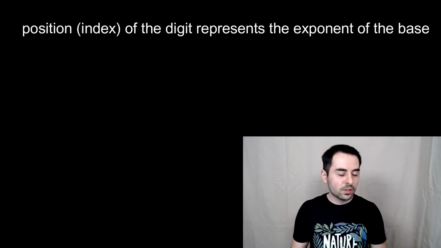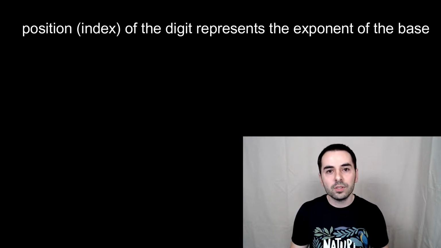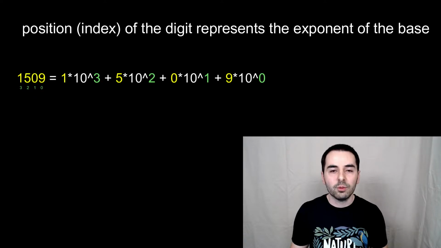And the same way the decimal numbers have positional values for each digit, that same logic works for binary numbers. Let's take an example like 1509. Every single digit in this number represents a value equal to the value of the digit multiplied by the base or radix to the power of the index of the position.